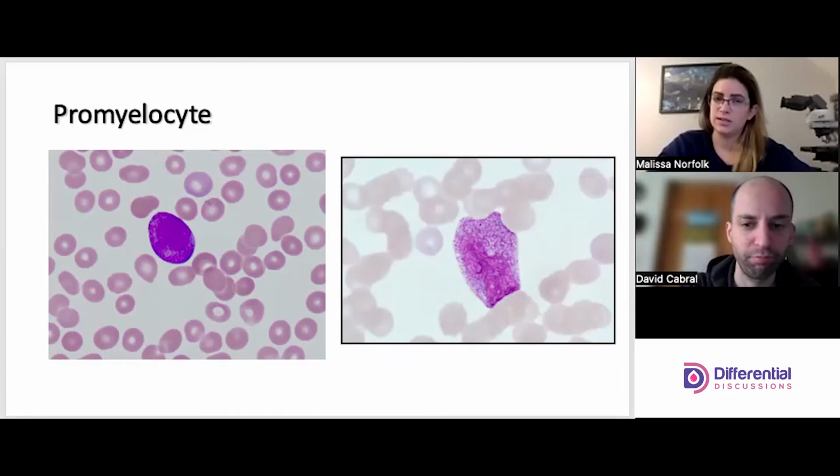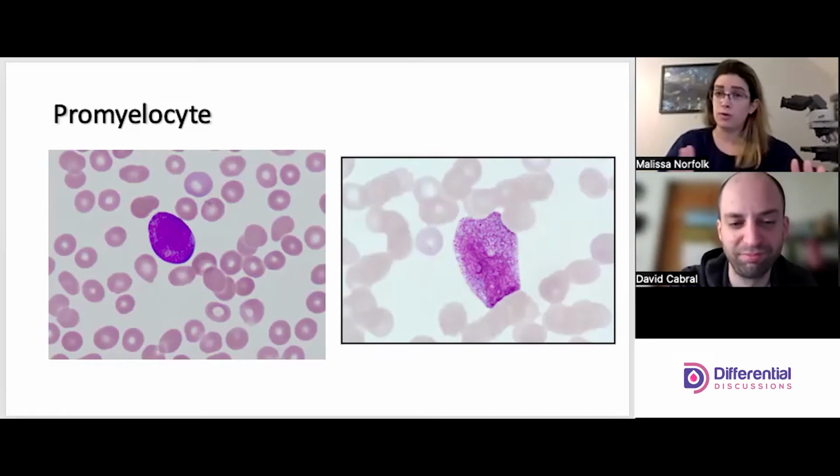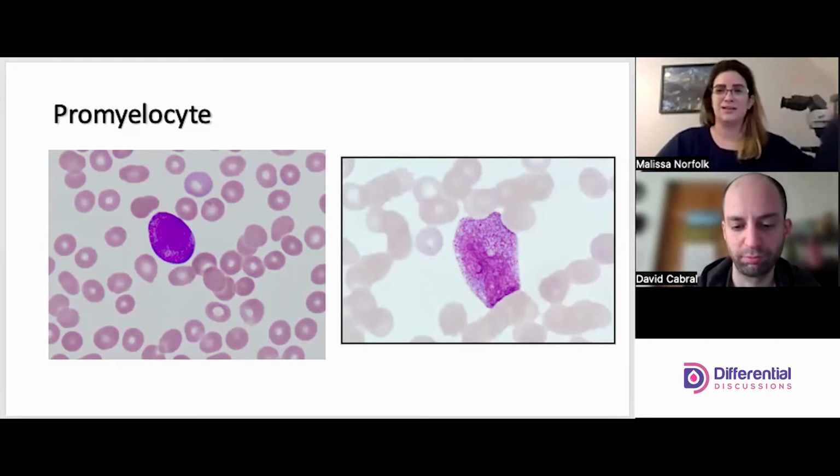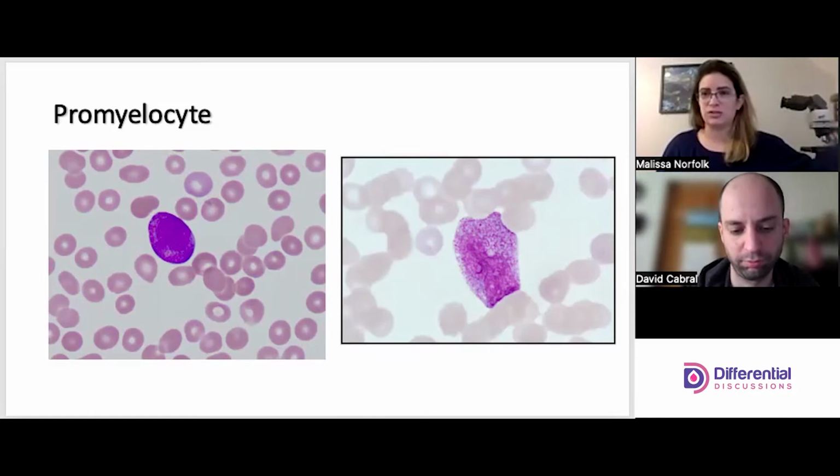You may notice in these cells though that the nucleus is a little eccentrically placed. Not all pros will have that, because at the blast stage the nucleus is the majority of the cell, and a lot of the pros are still majority nucleus, but now they're becoming eccentrically placed, and as the cell develops, the nucleus stays eccentrically placed.